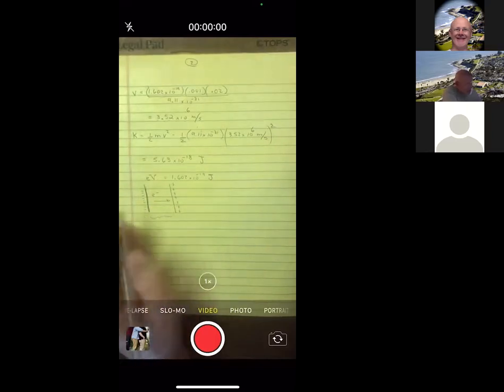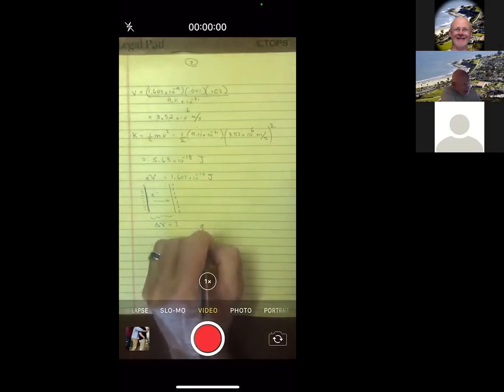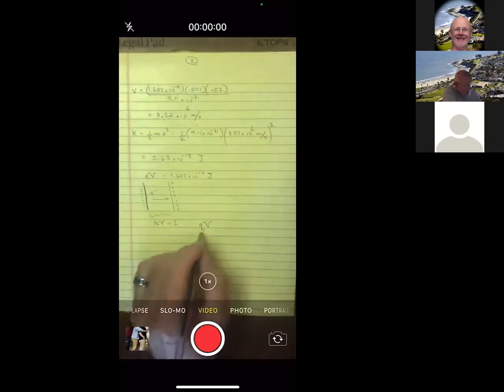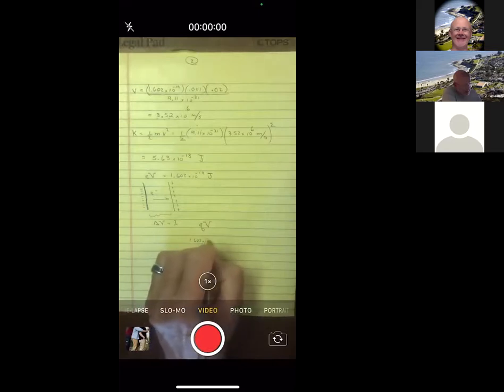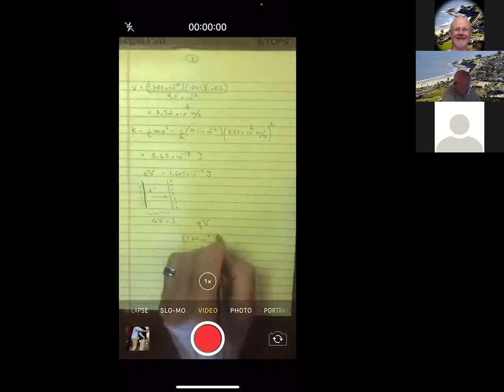And you charge these plates just enough so that the voltage difference is 1 volt. To calculate the energy, we would go Q times V. Remember, the Q is the charge. So 1.602 times 10 to the minus 19. And the voltage change is 1 volt.